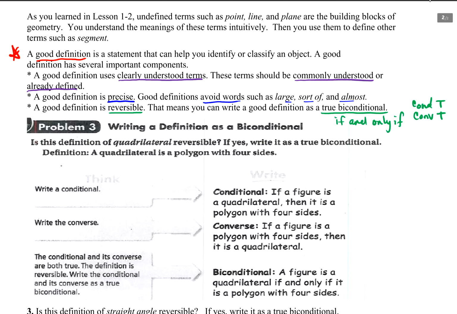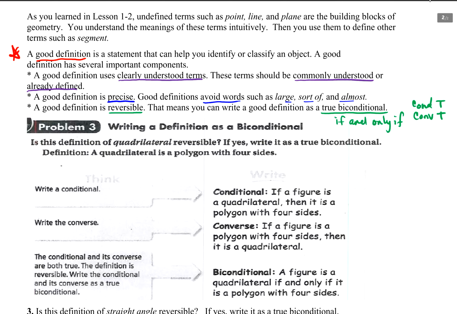So if you look back at the biconditional statements that we were working with, two angles are congruent and have equal measures, or two segments are congruent, equal lengths. That is why congruent went first, because the definition of congruent is equal measure, equal length.